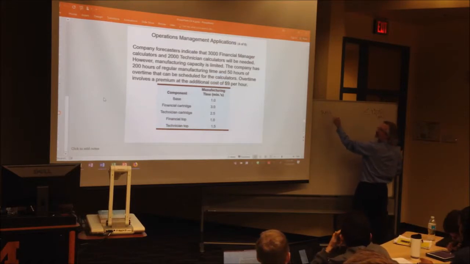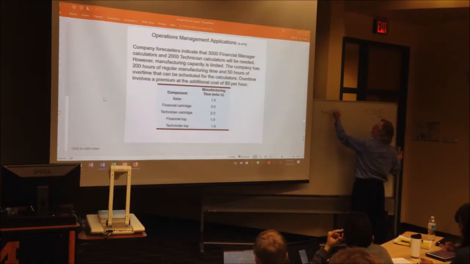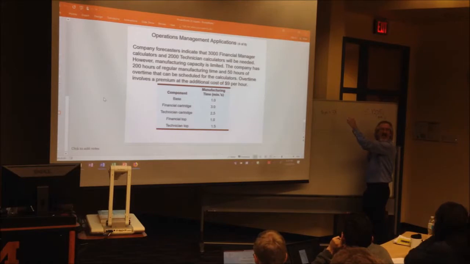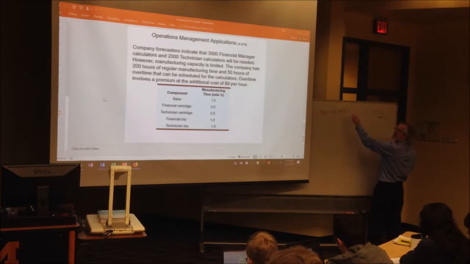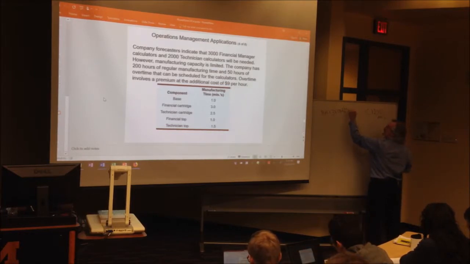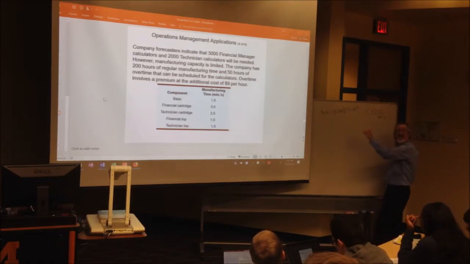Plus 3 times whatever the financial cartridge M is, is that FCM? Nobody has the FCM. Thank you. Plus 2.5 times the variable, this must be TCM. Plus 1 financial top, would that just be FTM by chance?